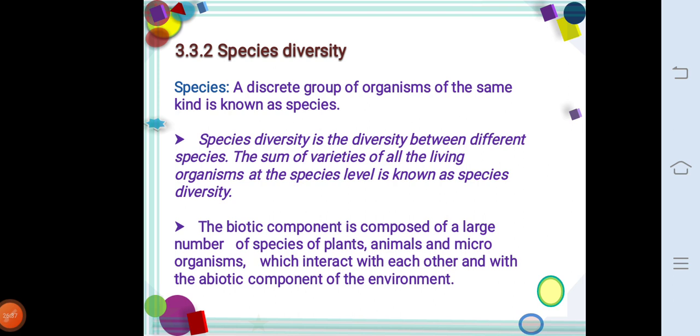Plant species: apple, mango, grapes, etc. Animal species: lion, tiger, elephant, etc. And community or ecosystem biodiversity. It is the set of biotic components, plants, animals, and microorganisms, interacting with one another and with abiotic components. The diversity at the ecological or habitat level is known as ecosystem biodiversity. A large region with different ecosystems can be considered as ecosystem biodiversity.